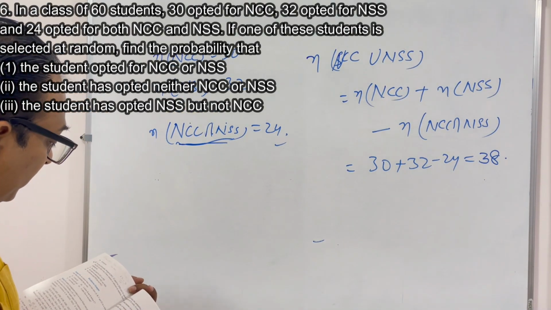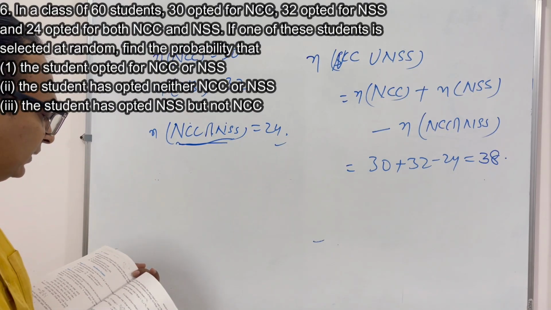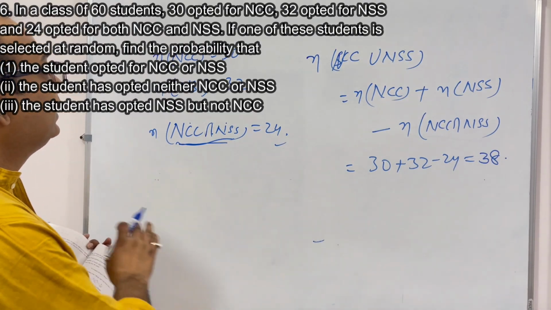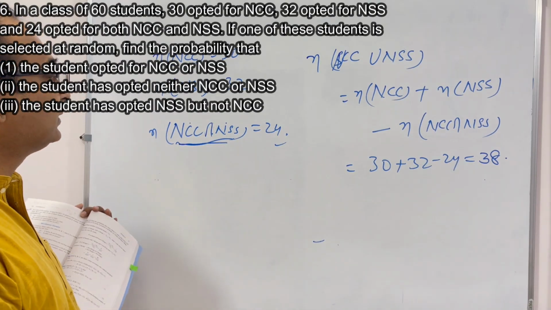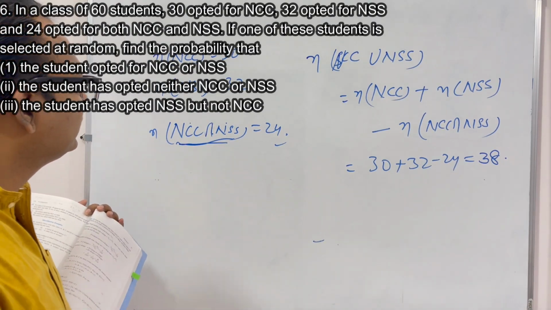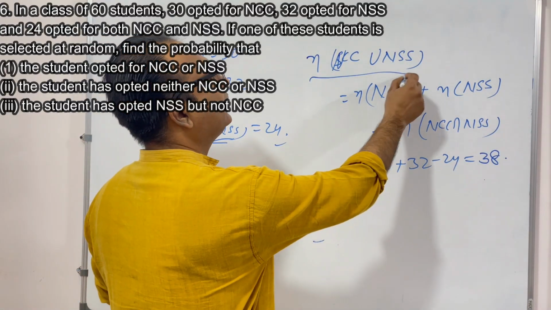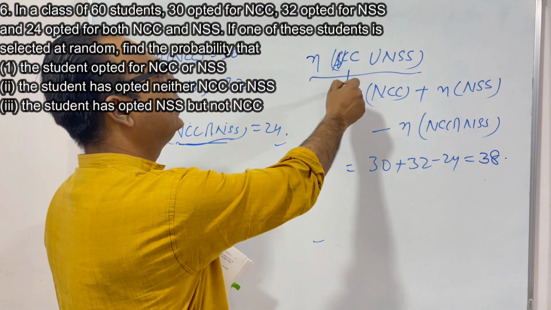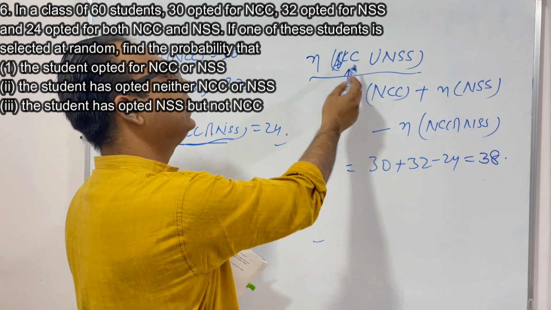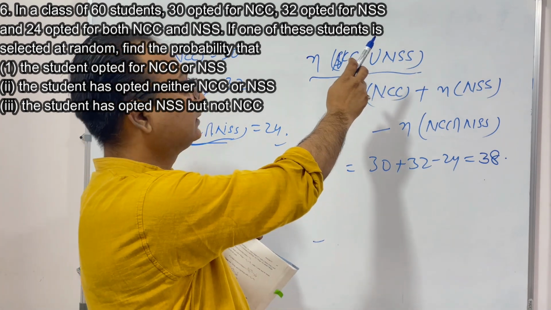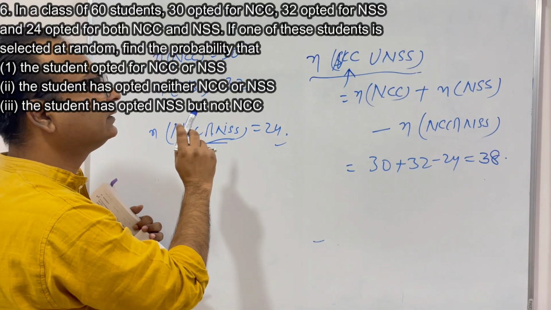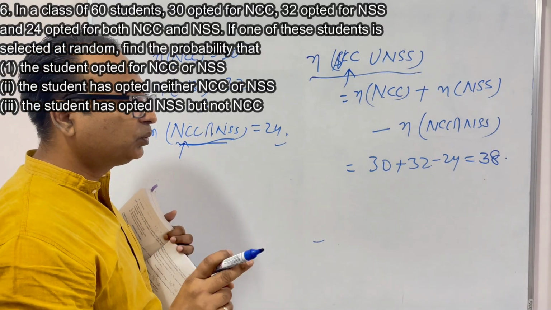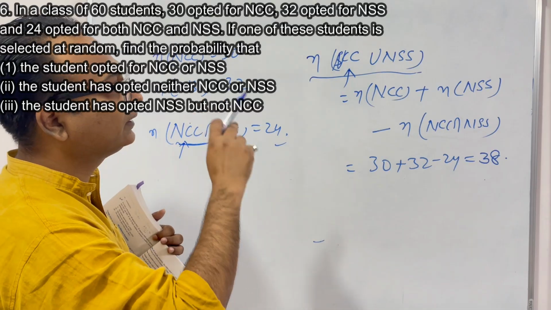Now it says the student has opted neither NCC nor NSS. That is, the student has not opted for any of the organizations. How will you find that? NCC union NSS. What is the meaning of this? A student is either in NCC or in NSS. This is, a student is both in NCC and NSS. We have to find a student who is neither in NCC nor in NSS.